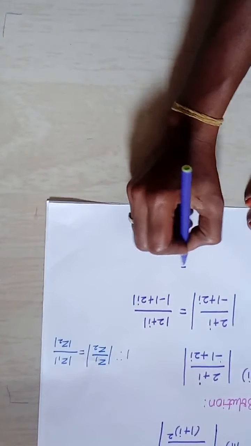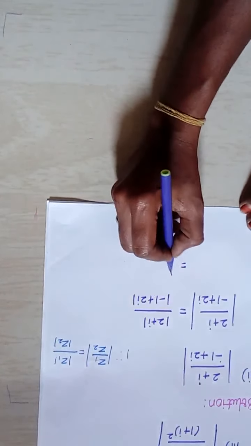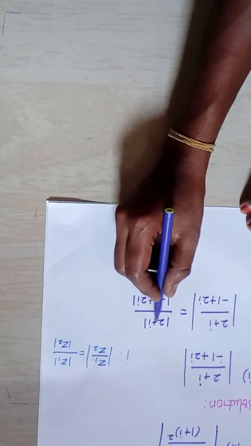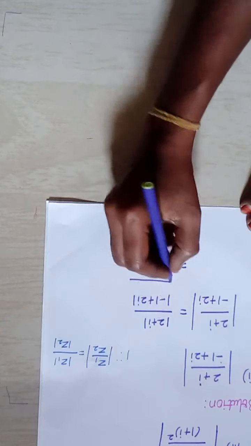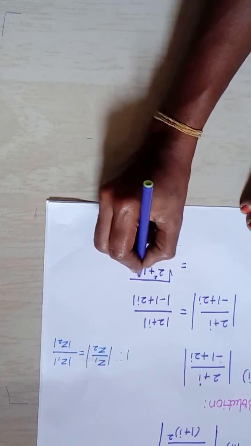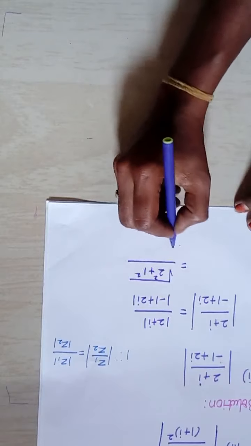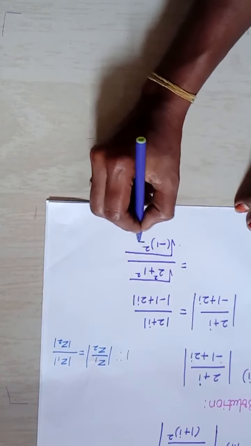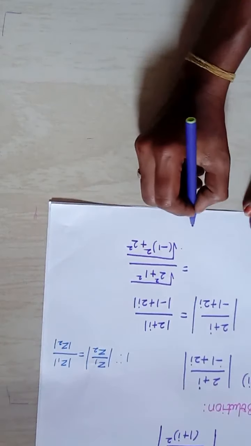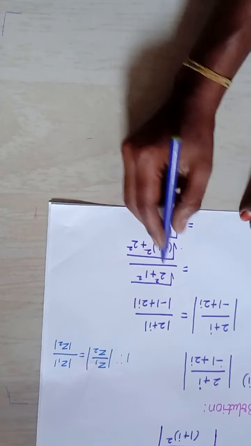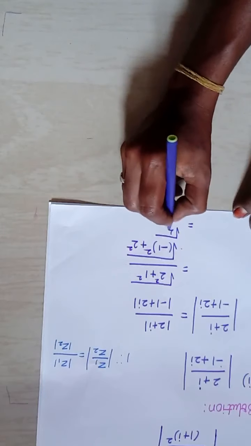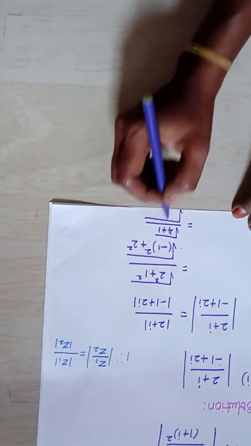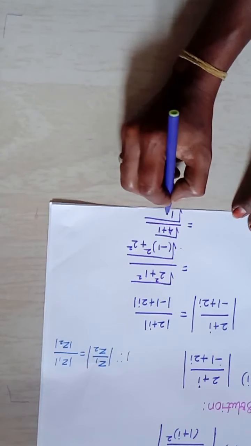Then modulus of 2 plus i means take the square root of the real part squared plus the imaginary part squared. Here the real part is 2 and the imaginary part is 1. So the square root of 2 squared plus 1 squared, divided by the square root of (minus 1) squared plus 2 squared.